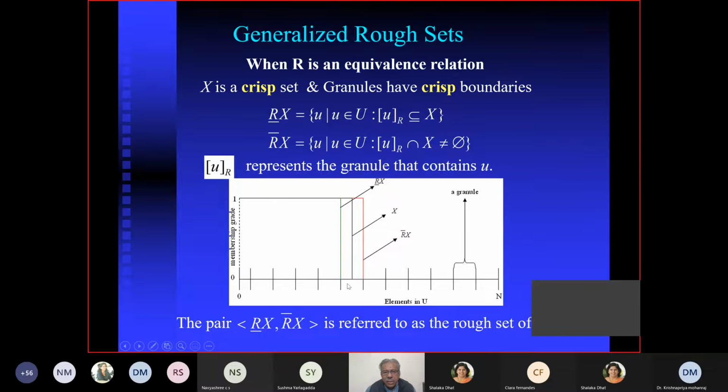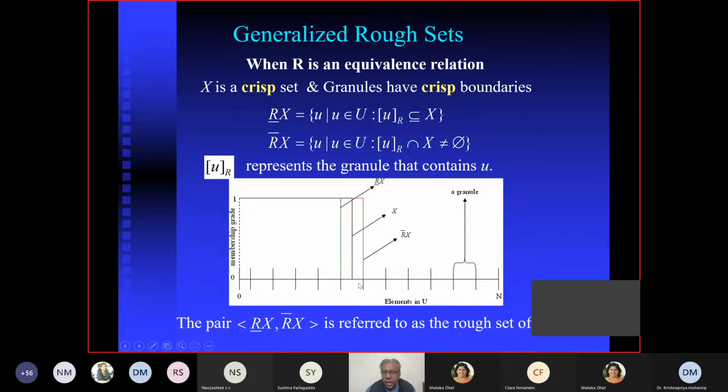1, 0. That means this granule belongs to this set. This granule belongs to the set. This granule belongs to this set. But for this granule, there is a doubt because it doesn't completely belong to this set. Similarly, this granule does not. So granules from here to there do not belong to this set. Granules from here to here belong to this set.